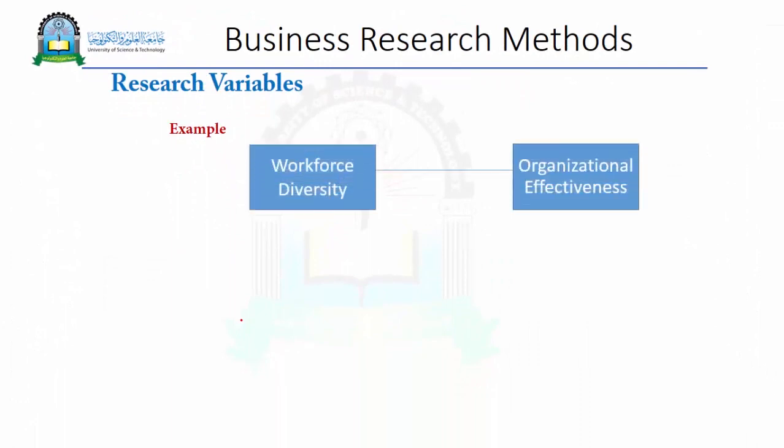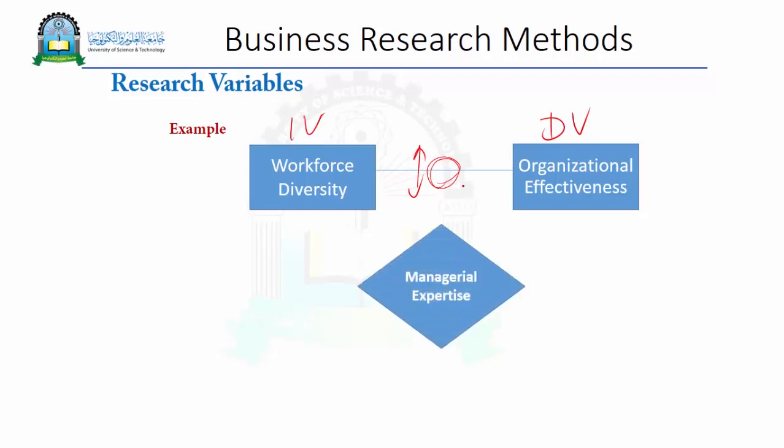If workforce diversity is going to affect organizational effectiveness, the workforce diversity is going to be the IV, and here is the DV. If there is a variable that can affect the relationship, that means make it high or low, or change the direction of it, it is what we call a moderating variable, and this can be represented by managerial expertise.